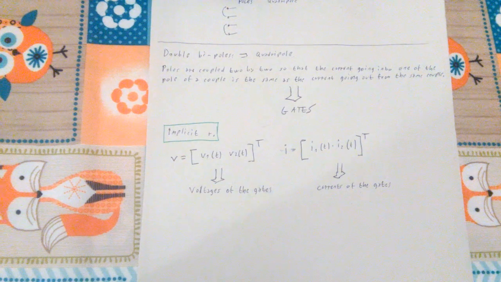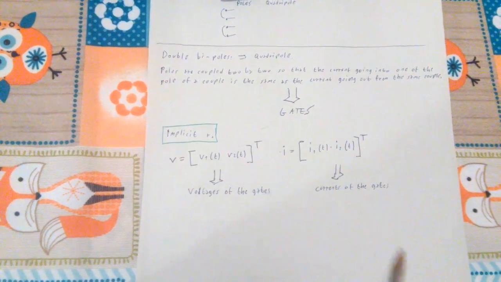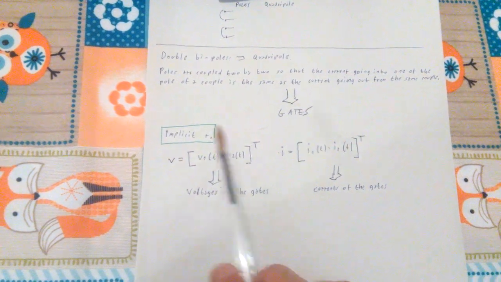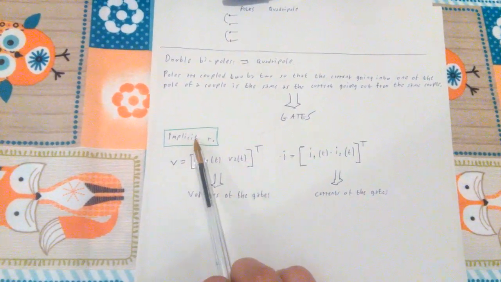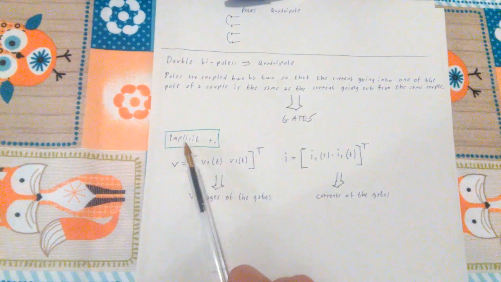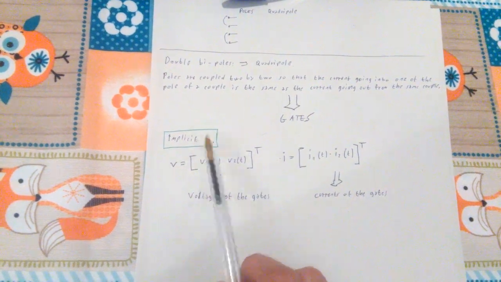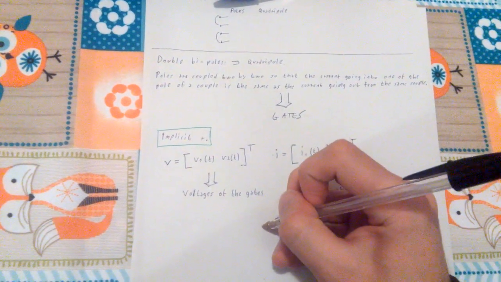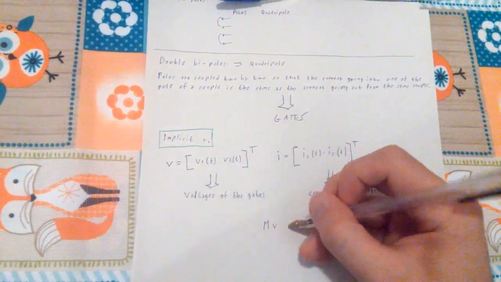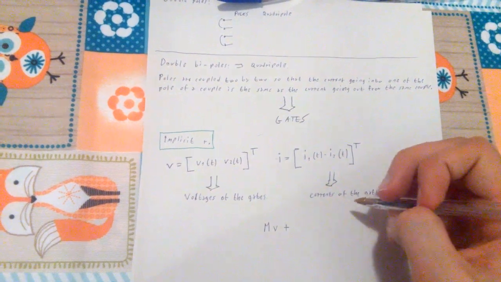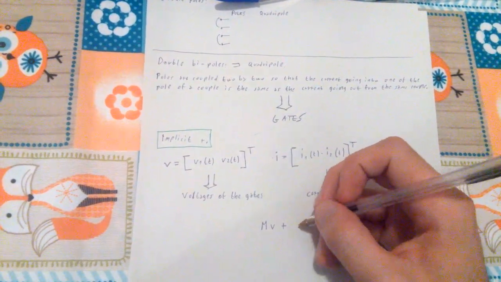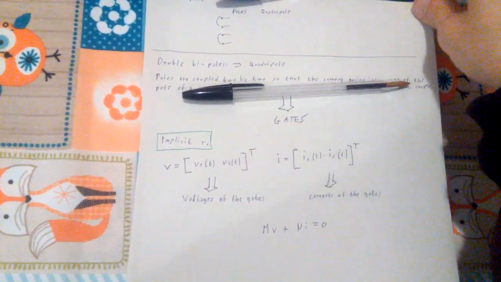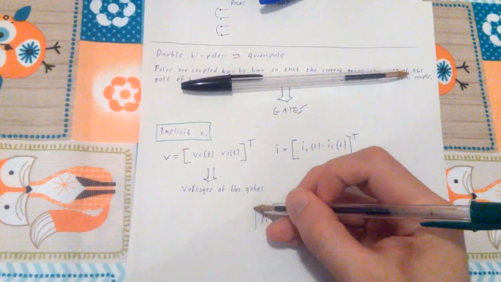Now, a generic linear implicit relationship which defines the double bipole is Mv plus Ni equal to 0, which is actually very important.